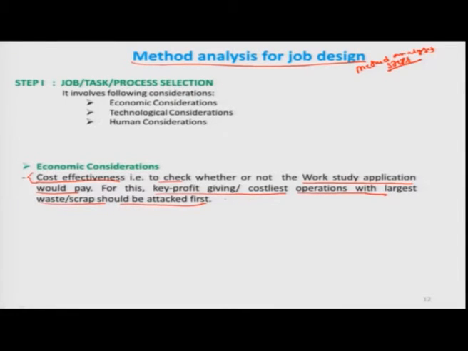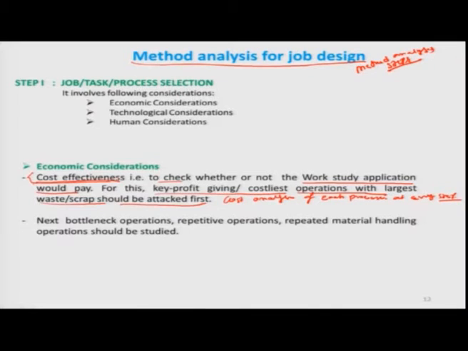Okay. Here you will have to do cost analysis of each process at every step, then only you can make a system more cost effective. Next, after analysis, bottleneck operations, repetitive operation, repeated material handling operation should be studied, and if necessary, then repetitive operation should be minimized or removed.